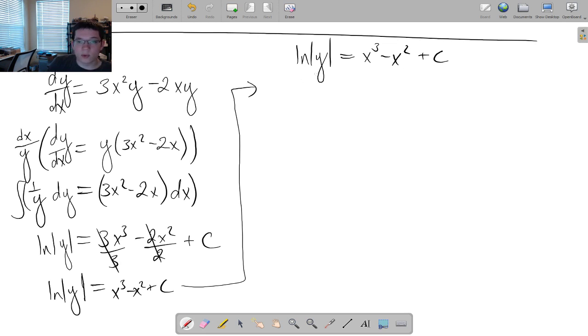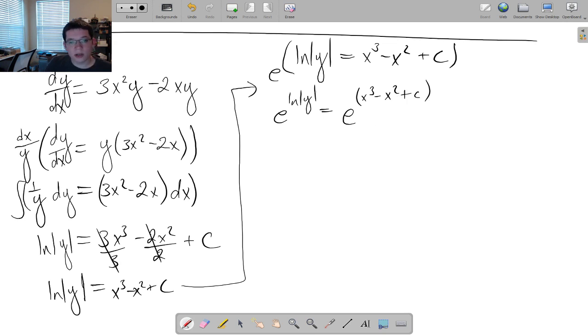We're really more interested in y by itself, so we'll raise this whole equation and put it on top of e. So we have e to the natural log of y equal to e to the x cubed minus x squared plus c. The e and the natural log cancel and leaves us with y equal to e to the x cubed minus x squared plus c.